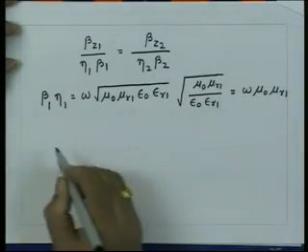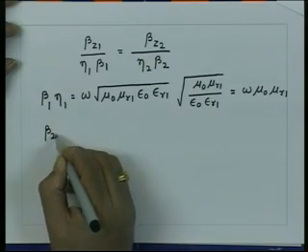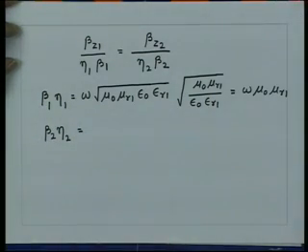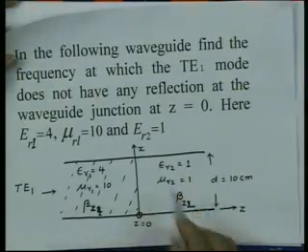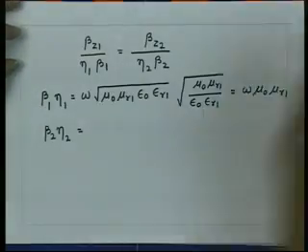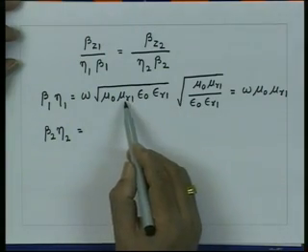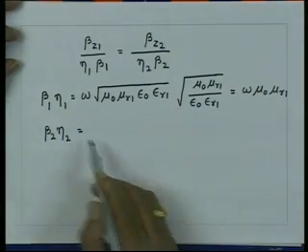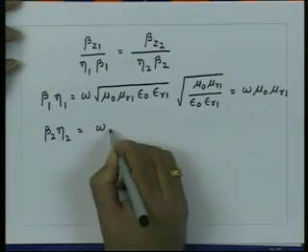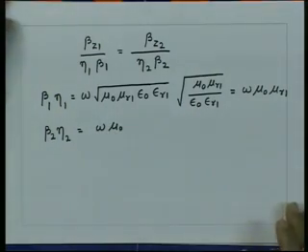Similarly, we can calculate this quantity here, which is beta 2 eta 2. Since in this medium the relative permittivity is 1 and relative permeability is 1, if you substitute mu r equal to 1 and epsilon r equal to 1, we will get beta 2 eta 2 that will be nothing but omega mu 0.